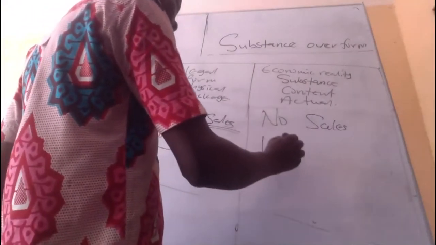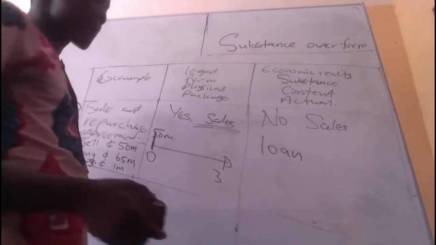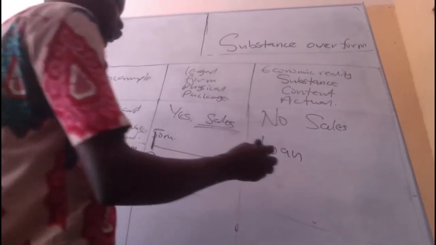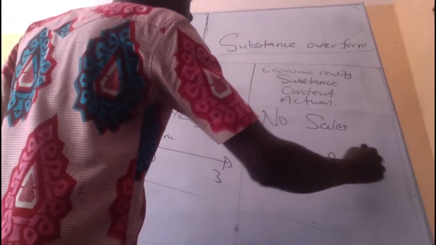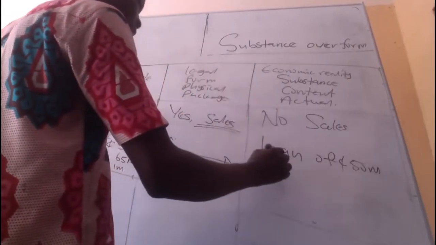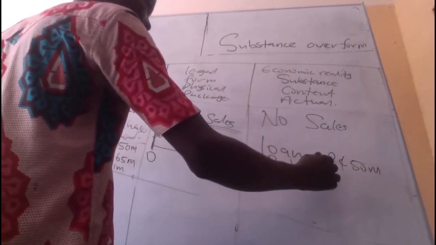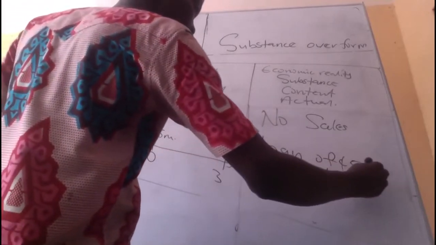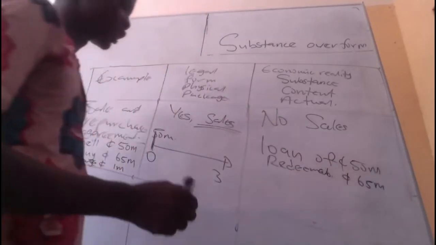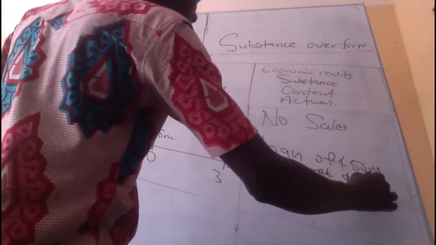Oh yes, you've taken a loan from that person. You've taken a loan of 50 million. Then the redemption value, redeemable, not at par, redeemable at 65 cedis. That's the repayment amount, with interest charges of 1 million per month.